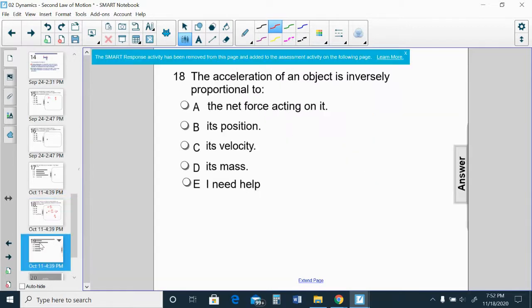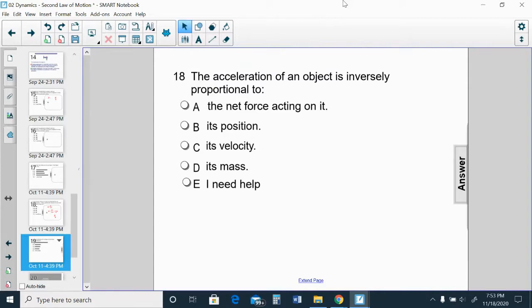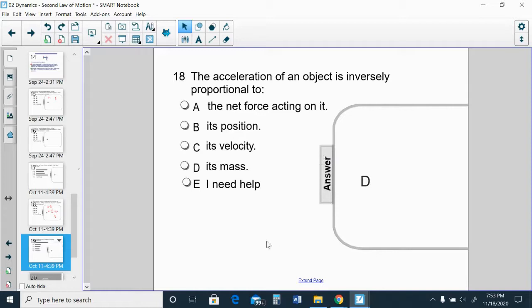Okay, final question. The acceleration of an object is inversely proportional to... its mass.